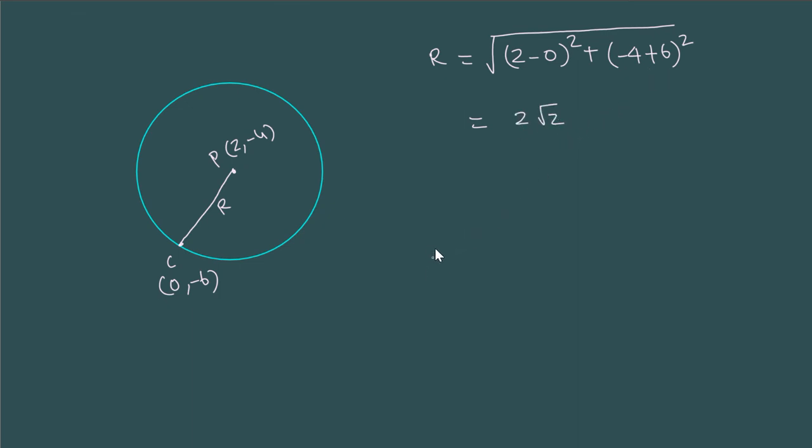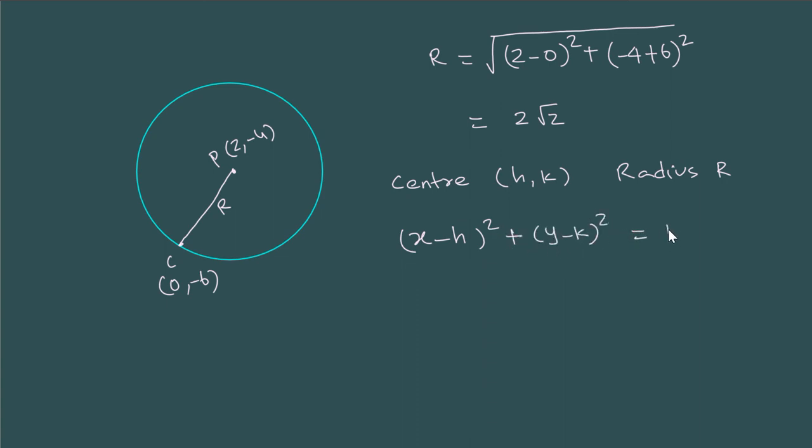Now, if you know the center as h comma k and radius as r, we know the equation of a circle, which is x minus h whole square plus y minus k whole square is r square. So now let's just substitute here. So x minus 2 whole square plus y minus minus 4, so that becomes plus 4 whole square is 2 root 2 whole square.